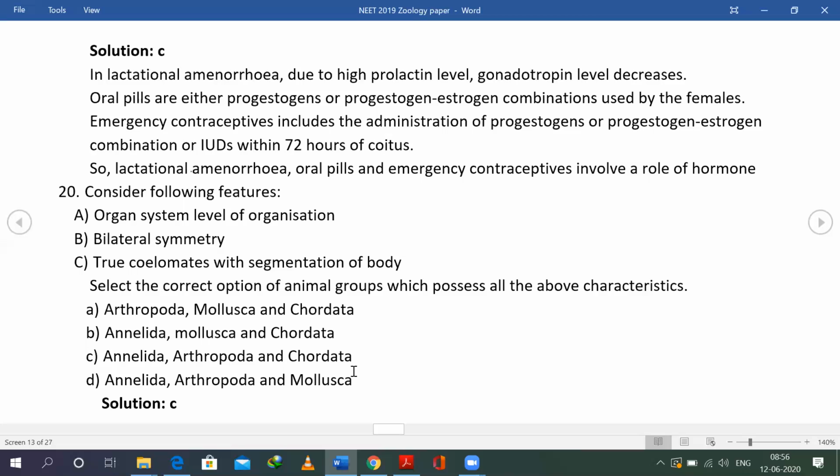We'll consider this and wait for the fourth option. Annelida, Arthropoda, and again Mollusca, where there is no segmentation. Annelida and Arthropoda have segmentation, and they do have the organ system level of organization and bilateral symmetry. In Chordata, we don't have any external segmentation, but you do see internal segmentation. So among the given options, option C will be the right choice.